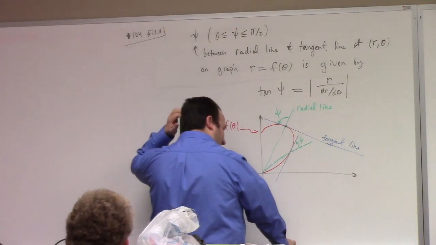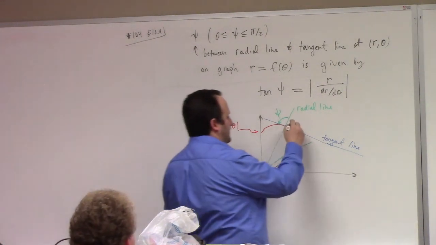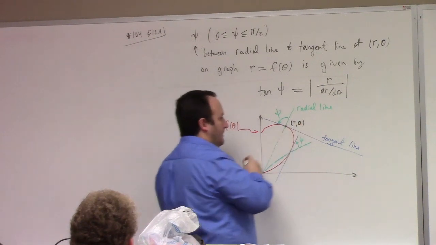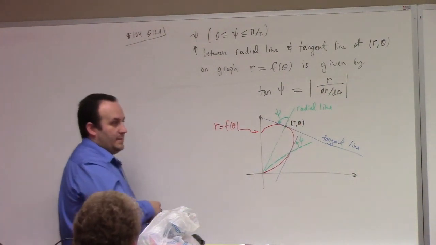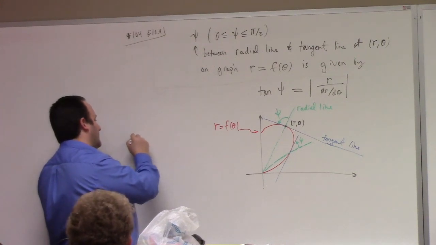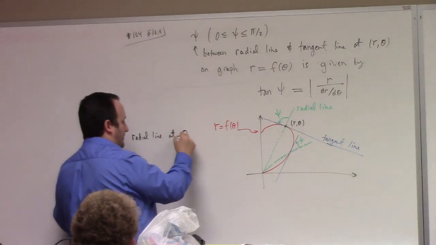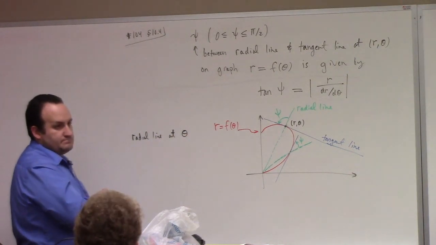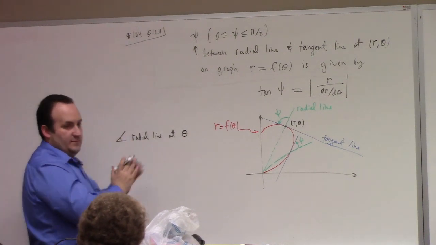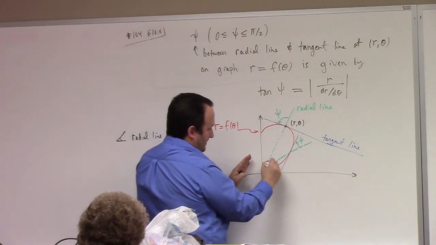Of course, if this point here is (r, theta), right? Then you can see that the angle of the radial line, so to speak, by definition, is theta.